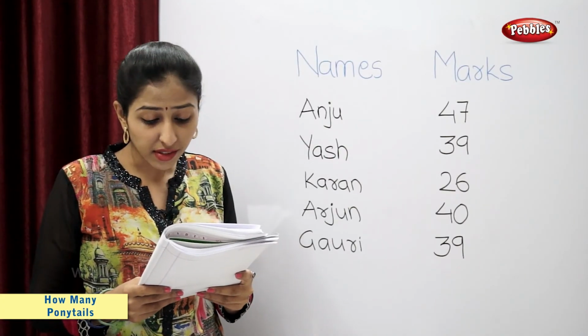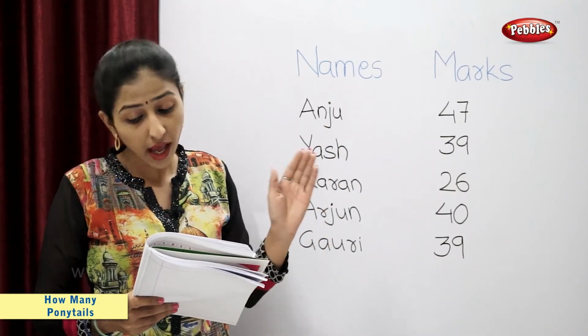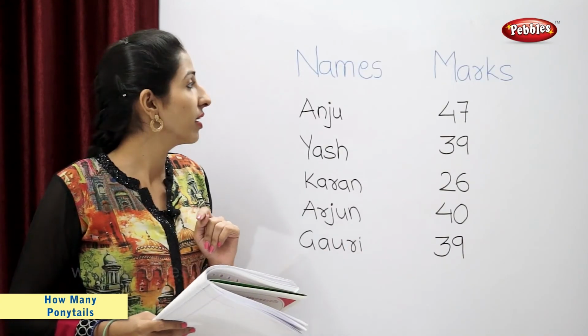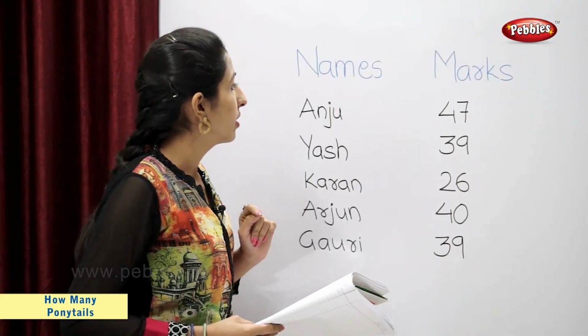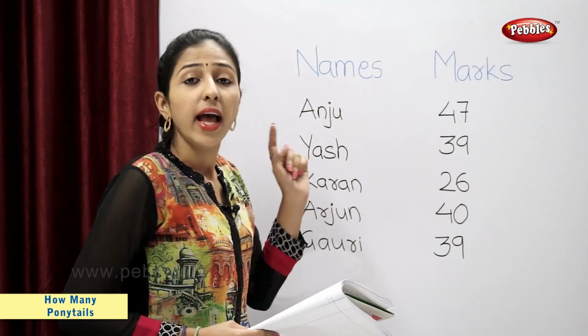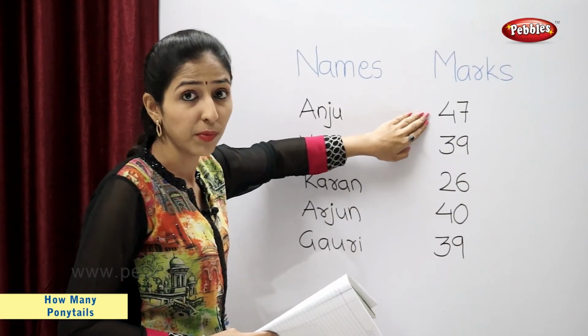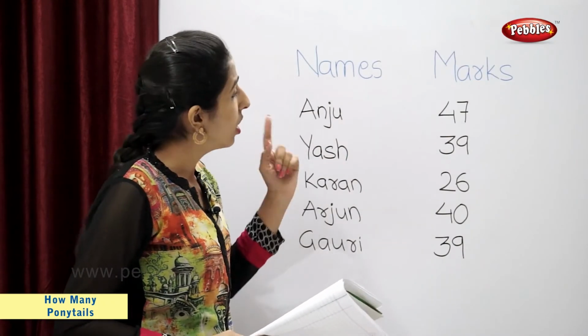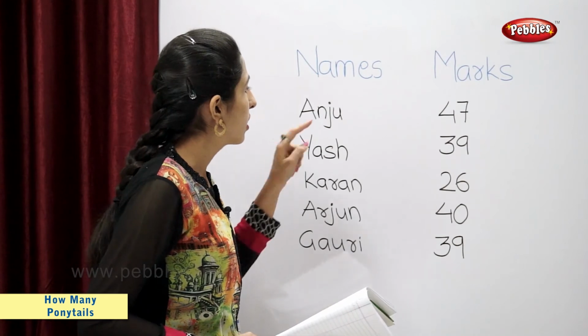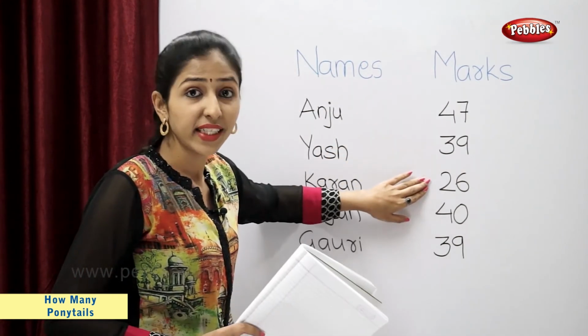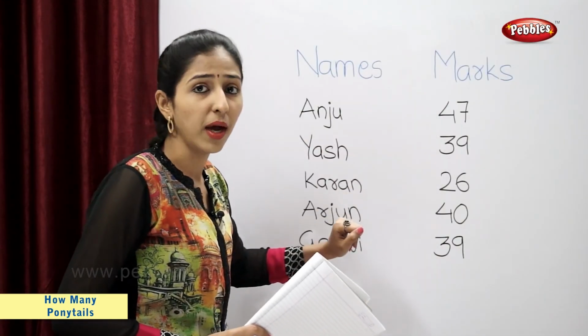What is the difference between the highest and the lowest marks? Let's find this out. As we know, 47 are the highest marks. Now let's find the lowest marks. 26 are the lowest marks.